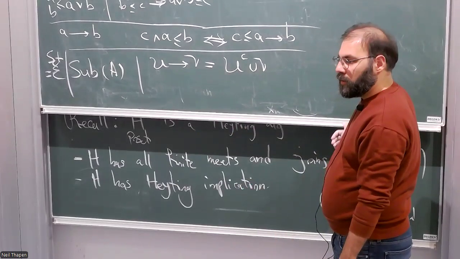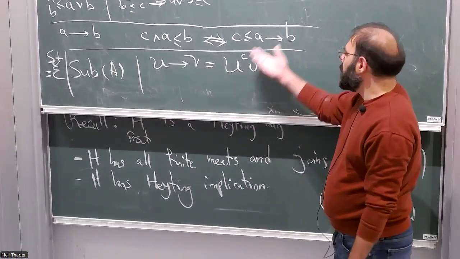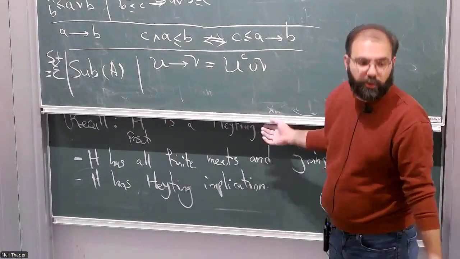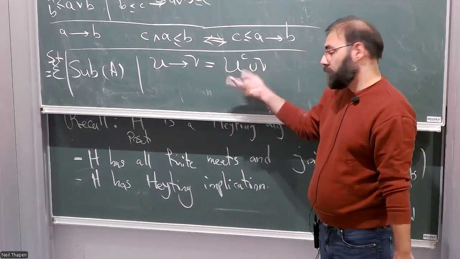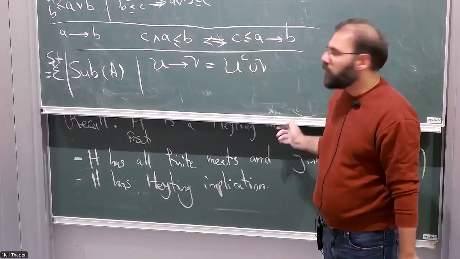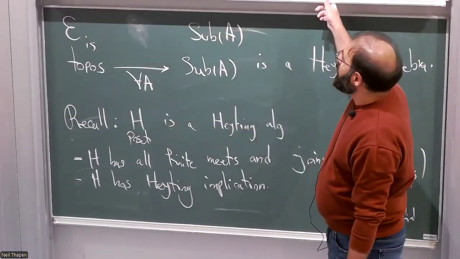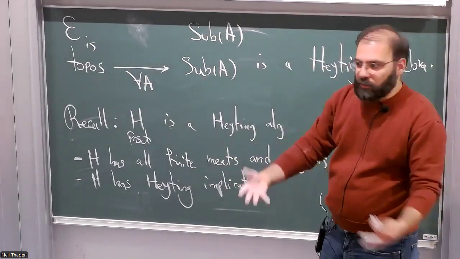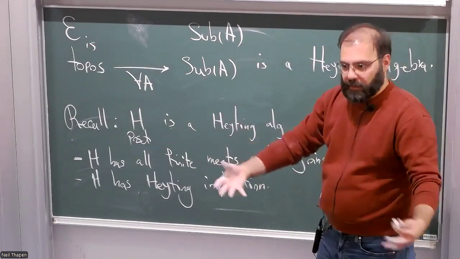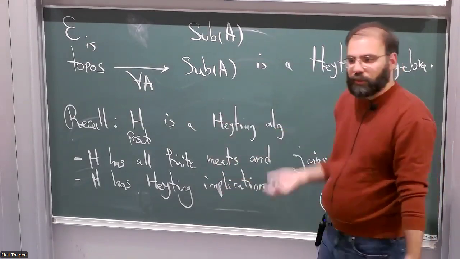So in the Boolean world I have a complement operation, but this is just a fancy version of it without those properties, a minimal version. So you have access to some sort of complement, union, and intersection. That's good, because it means that you can interpret some logical properties in your topos.